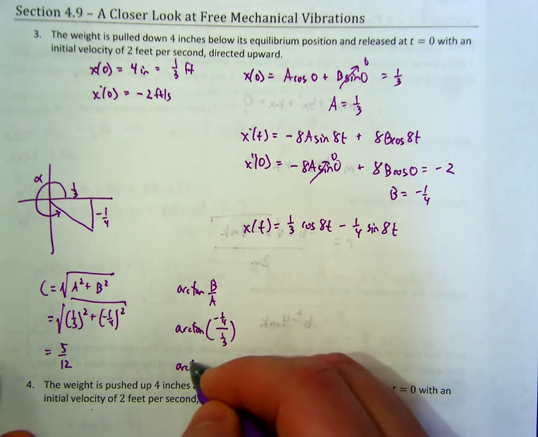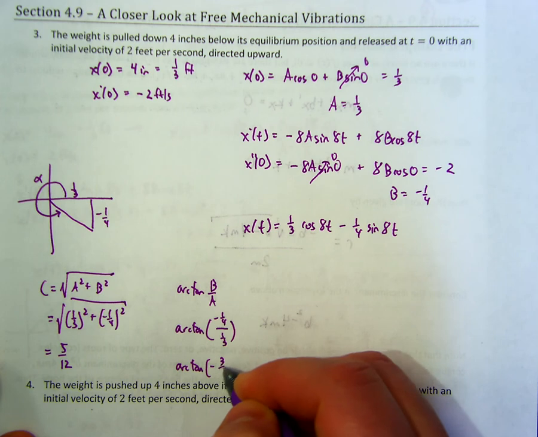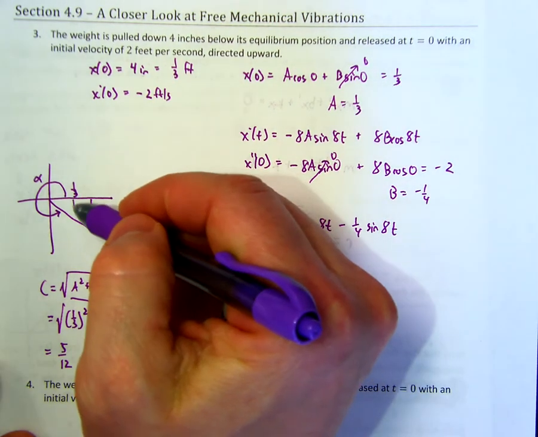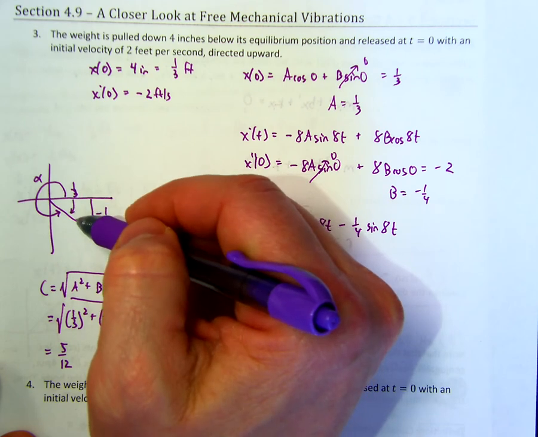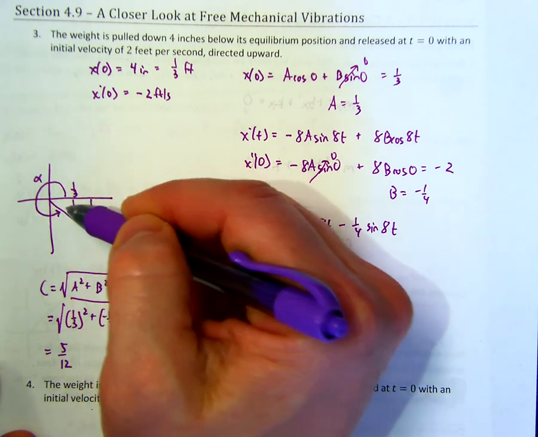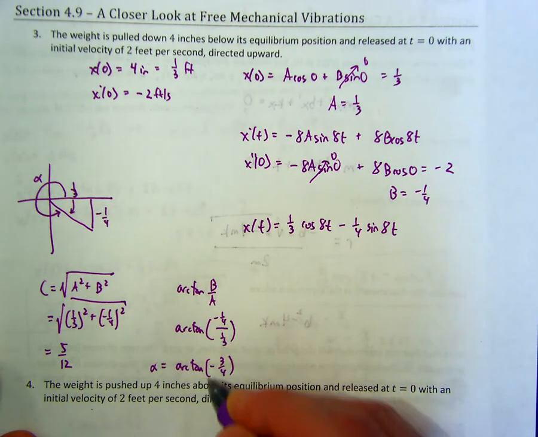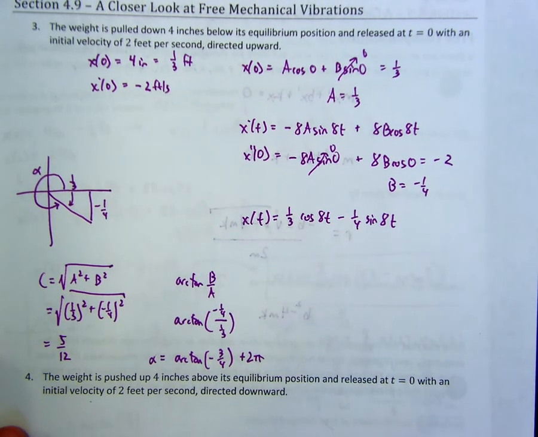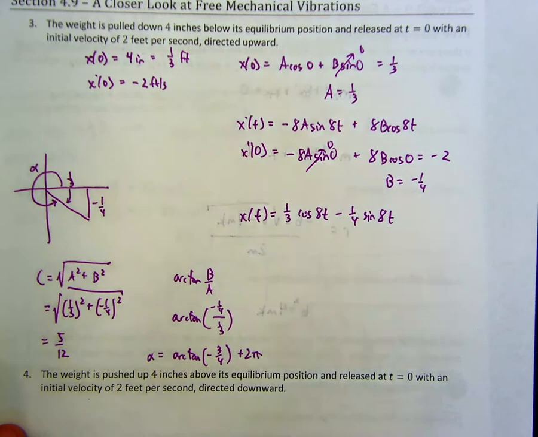So that's the arctangent of negative 3/4. That is not alpha. That's actually this angle, but it's in the negative direction. So to get alpha, we have to loop all the way around. So alpha is actually this plus 2 pi. So that's a little tricky there. You got to think carefully about that.